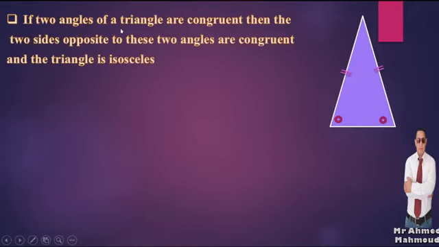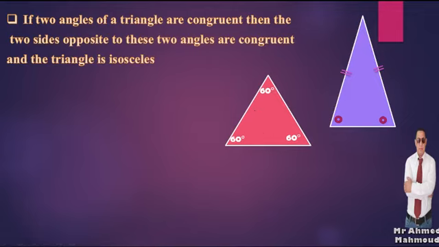If two angles of a triangle are congruent, then the two sides opposite to these two angles are congruent, and the triangle in that case is an isosceles. This is called the converse of the isosceles triangle theorem. The other converse: if we have a triangle in which three angles are equal in measure, then this triangle is an equilateral triangle.